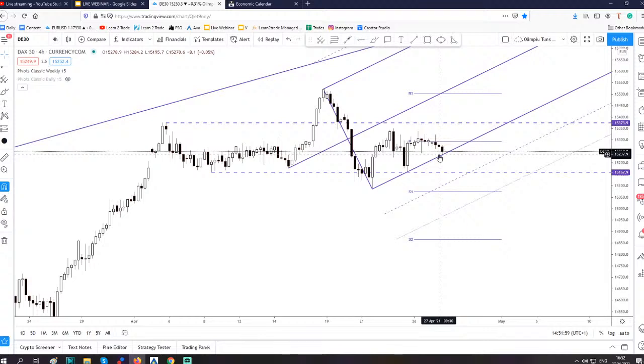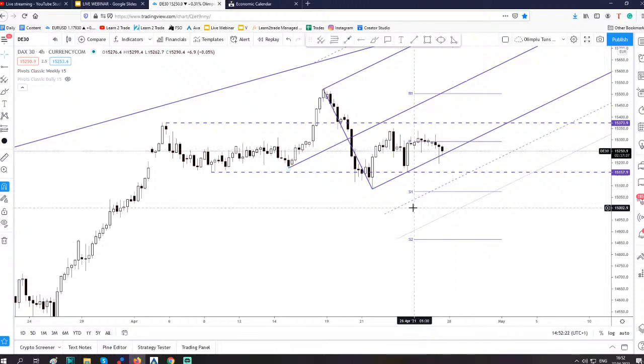It has registered only false breakouts, and now it's retesting. It has retested this static resistance, sorry guys, and now it's pressuring a dynamic support here, the lower medium line of the ascending pitchfork. A valid breakdown below it could signal a further drop here.